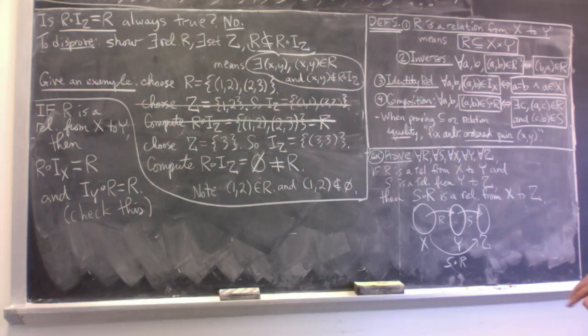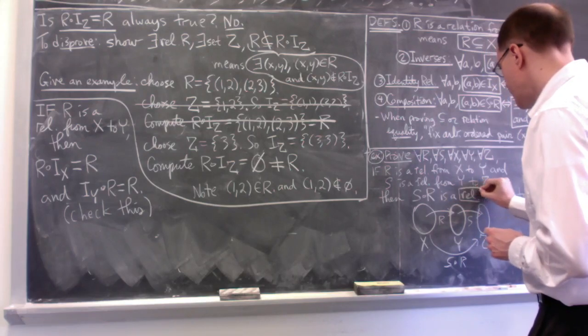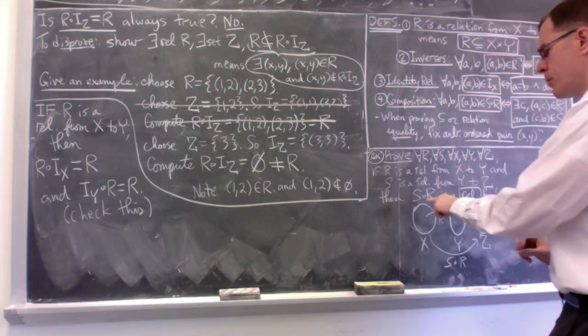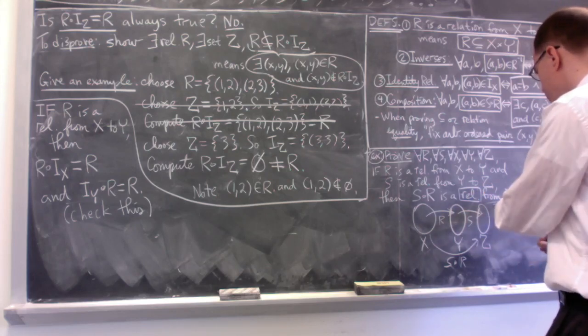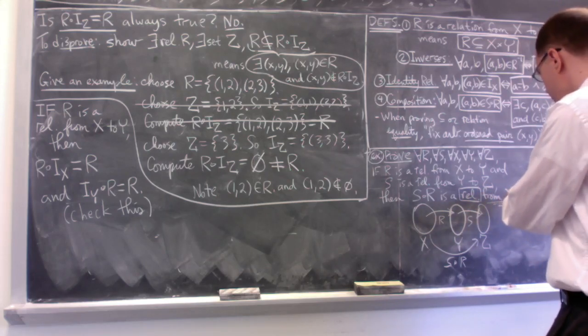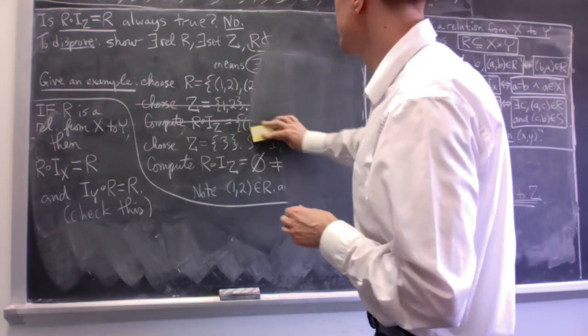But again, an arrow diagram is just an example. That doesn't serve as a proof that it's always going to work. One thing we don't have to worry about, the way I define things, by definition, this is a relation. The thing that's being asserted that has to be checked when we get there is it's from X to Z.